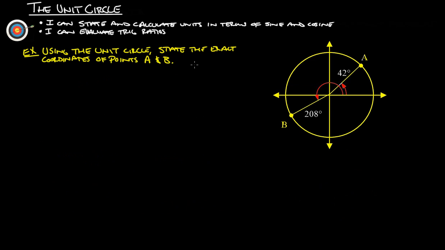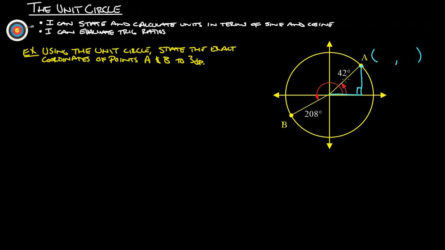Using the unit circle, state the exact coordinates of point A and B. So we're coming up with this point A right here. We want the exact coordinates to 3 decimal places. We can make ourselves a nice little right triangle to go up to this point.